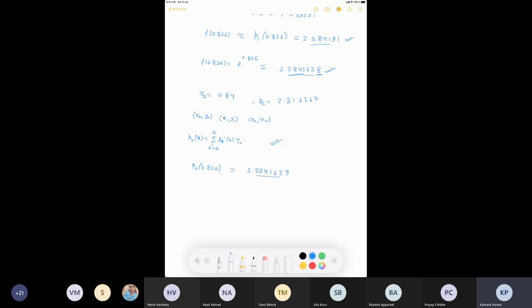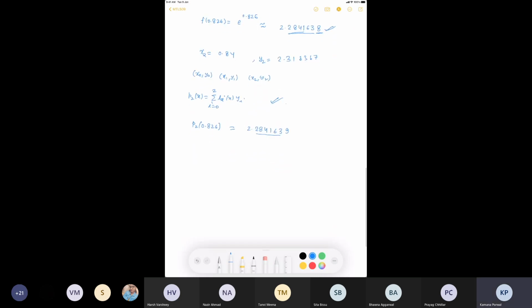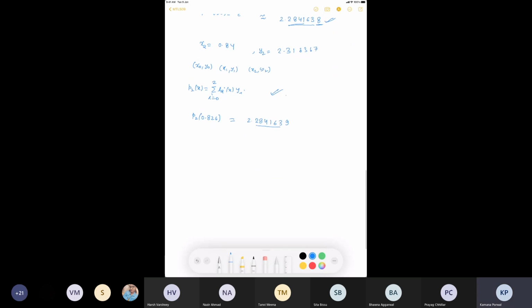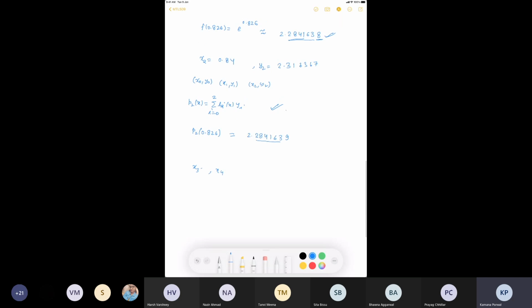In fact, if you increase x3 and x4 and find the cubic and fourth degree polynomials, you will get better and better approximations of the exponential. Here you don't truncate it, you just write down the exact value. As you increase the polynomial degree, you will get a better approximation of the exponential at any point.